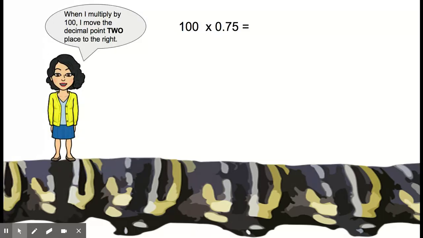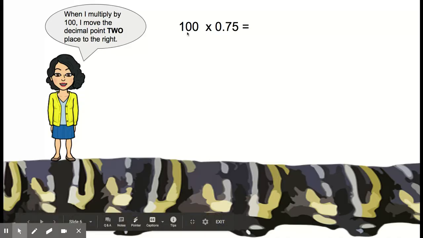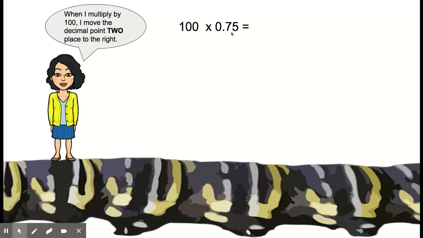When I multiply by 100, I move the decimal point 2 places to the right. 100 has 2 zeros, so I'll move my decimal point 2 places to the right. 1, 2. So now my decimal point is going to be right here after the 5.